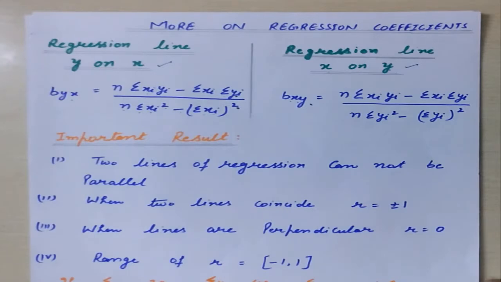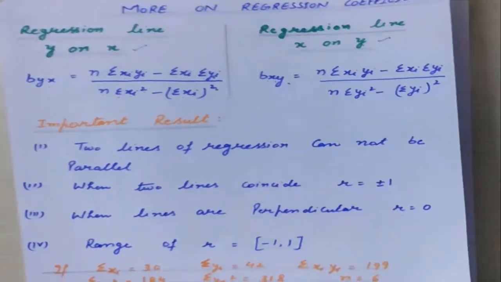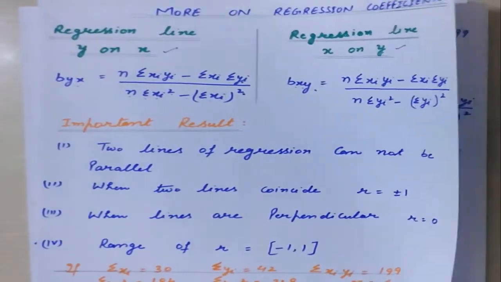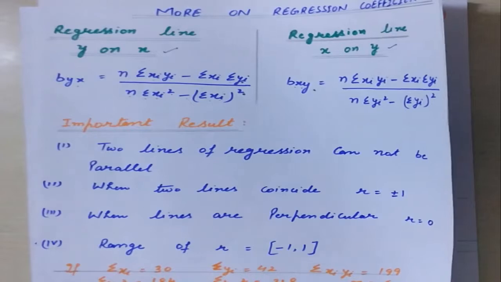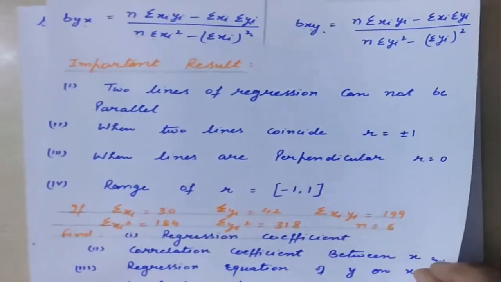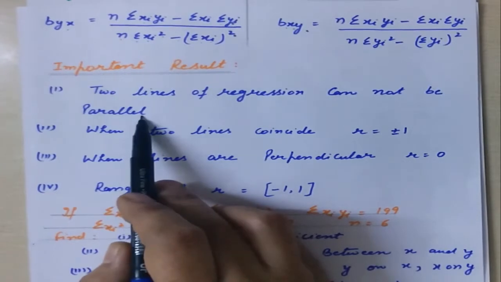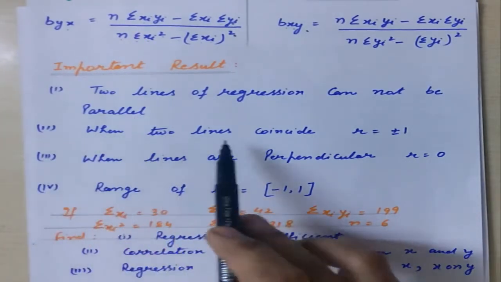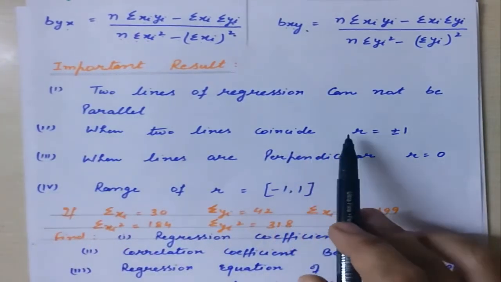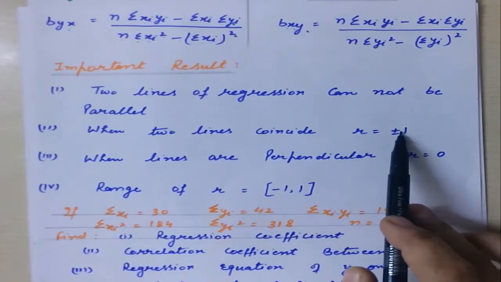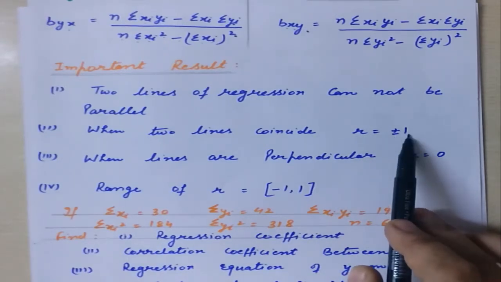Now at the end of this topic we have some important results that we will discuss. First result: two regression lines cannot be parallel. Number two, when the two lines coincide, the value of r is always equal to plus or minus 1.